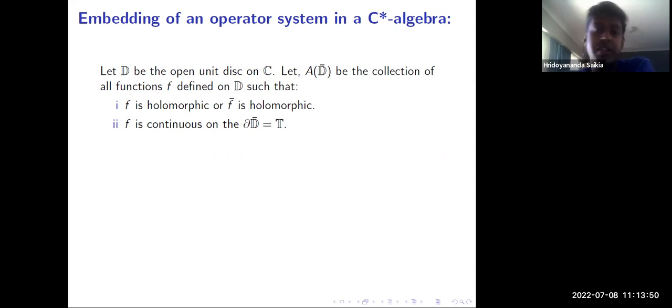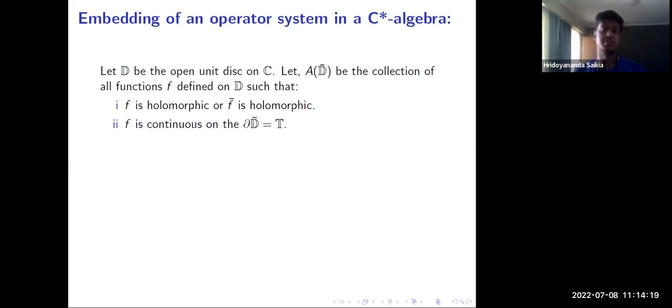Now D bar is the closure of that thing. A of D bar is a collection of all functions defined on D such that either f is holomorphic or f bar is holomorphic. And the second condition is f is continuous on the boundary. Now it is easy to see that A of D bar is actually an operator system.